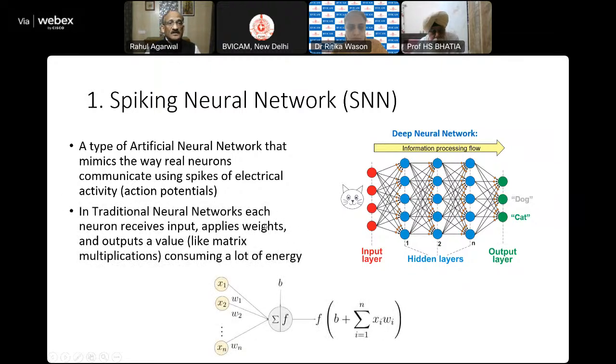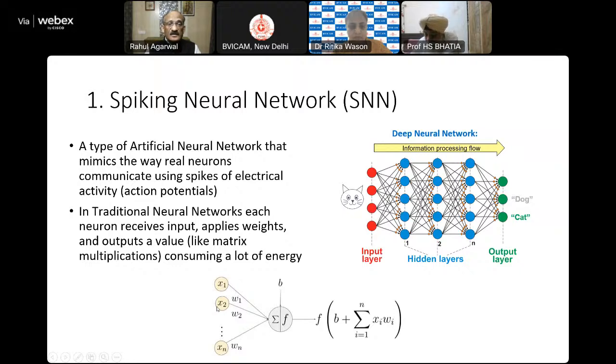Each neuron or node receives inputs from all the nodes of the input layer, and they apply certain weights.